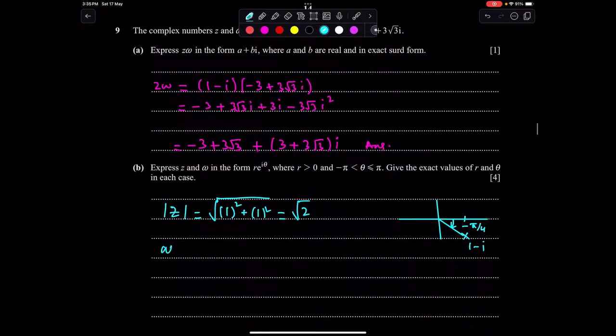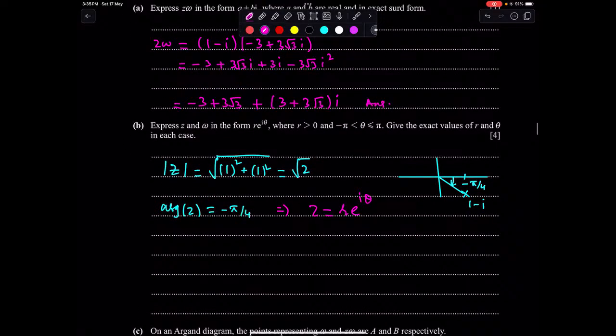Therefore, argument z is minus pi by 4. Hence, z in r, e, I, theta form will be under root 2 e to the minus pi by 4 I. So this is the r, e, I, theta form of z.